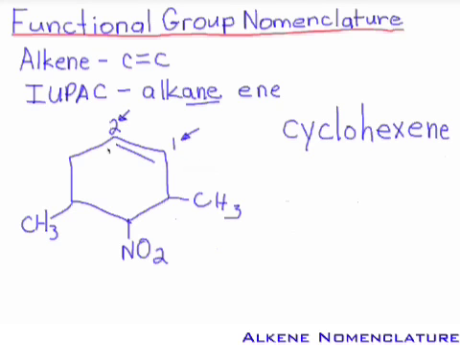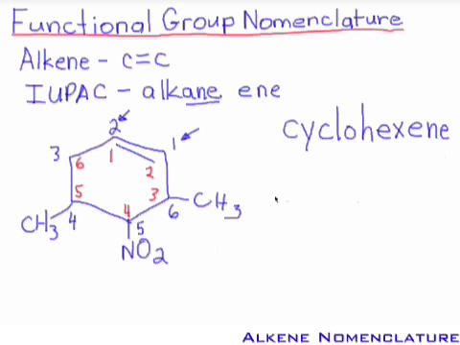If, however, you pick the other end as carbon 1, then you could pick the other carbon as 2. In fact, I'm going to use a different color. So let's show our numbering. We've got 1, 2, 3, 4, 5, 6. Or we can use the red, and number the other way. 1, 2, 3, 4, 5, 6.